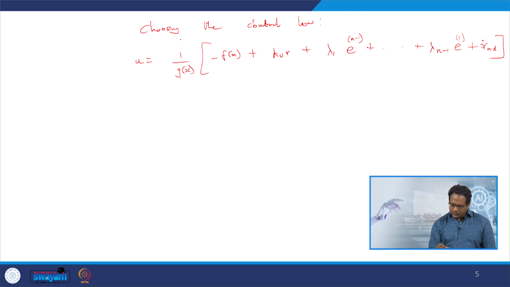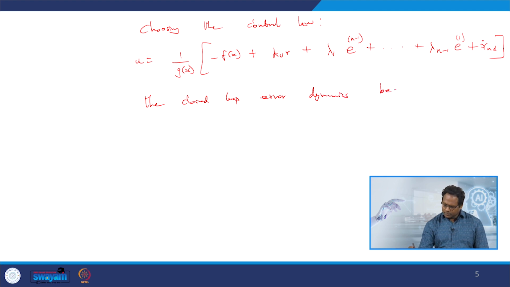By choosing this control law, the closed loop error dynamics becomes r dot equal to minus kv into r, which implies that it is stable and linear.